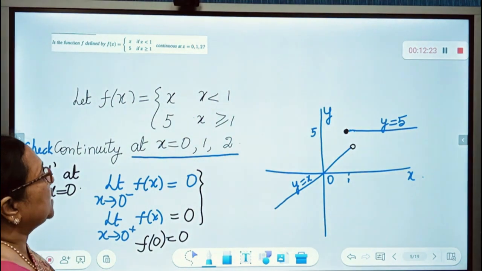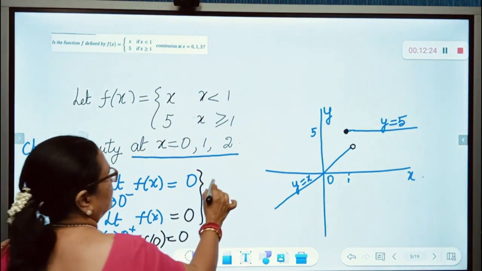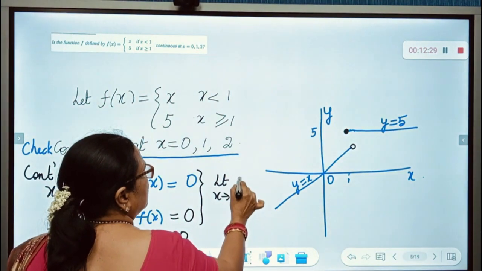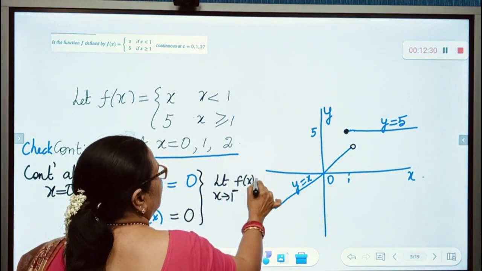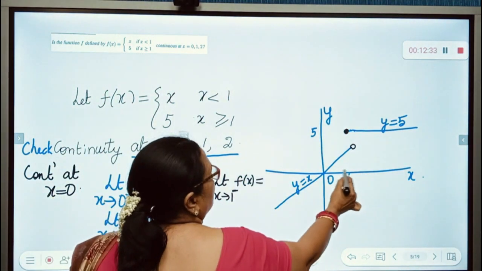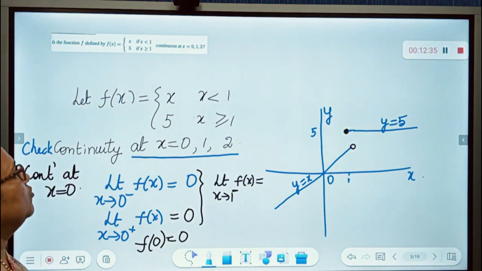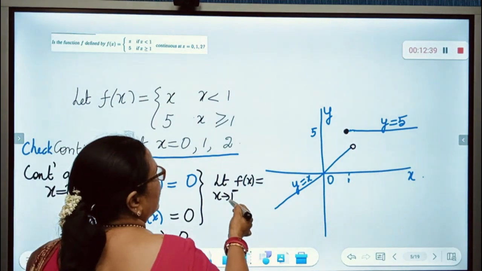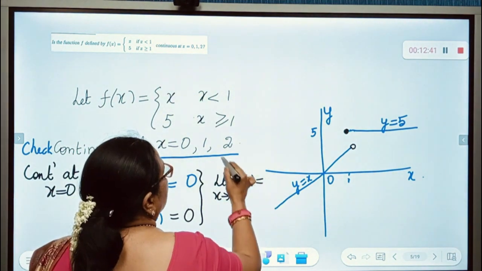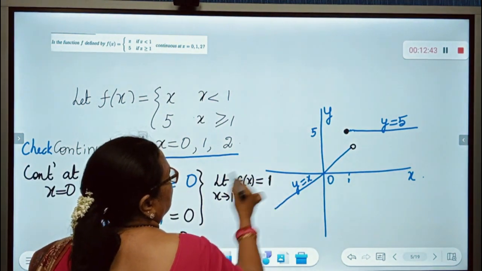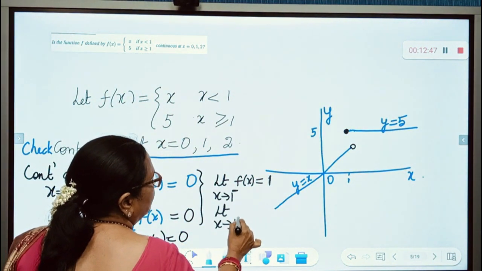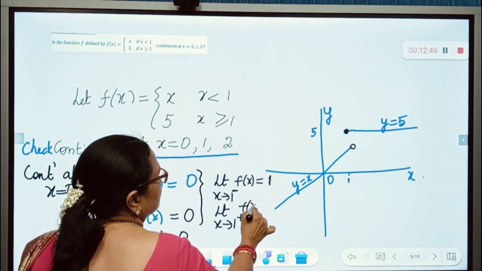Now what happens at x equal to 1? Now limit x tends to 1 minus of f of x will be, this is 1. To the left of 1, what is the value of the function? X. Here what is x? X is 1. What is limit x tends to 1 plus of f of x?